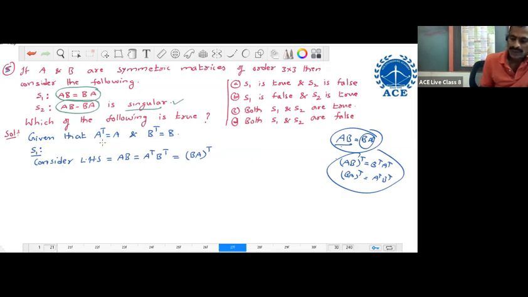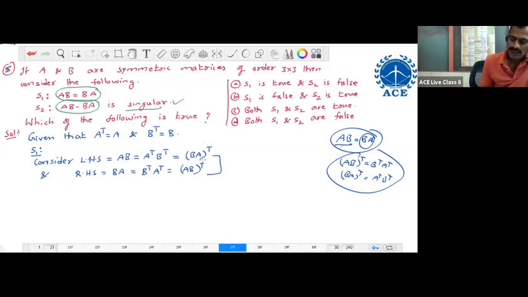Again, we consider RHS. We use the given matrix conditions and then check LHS equal to RHS or not. RHS equal to BA. We replace B with B transpose, A with A transpose. From B transpose, A transpose, we write this as (AB) power T. Now check whether these two are the same.